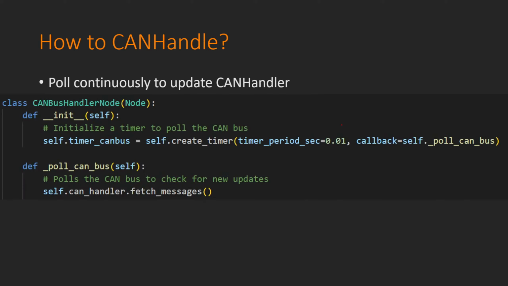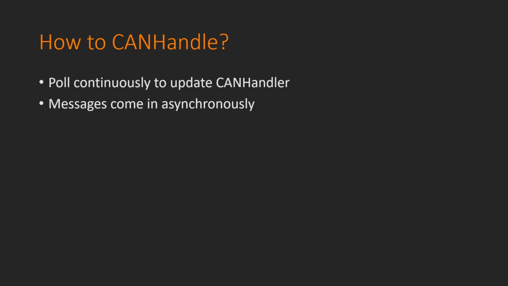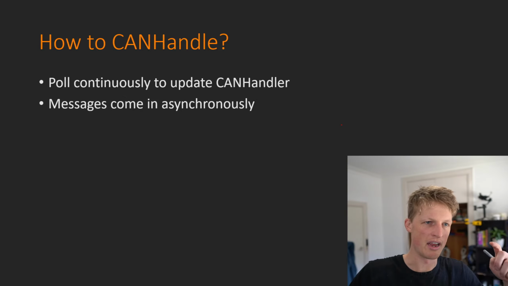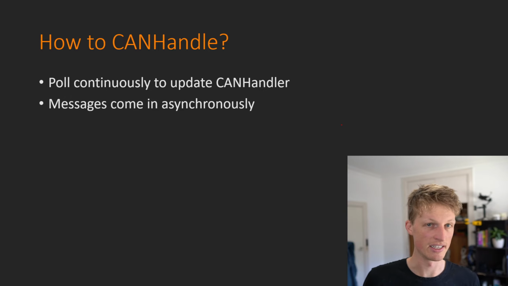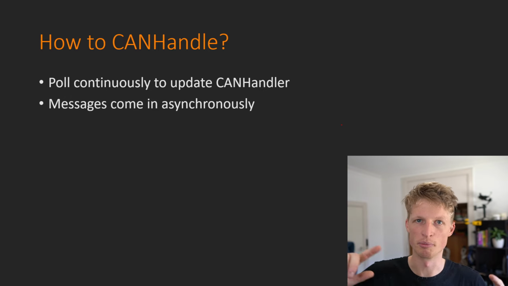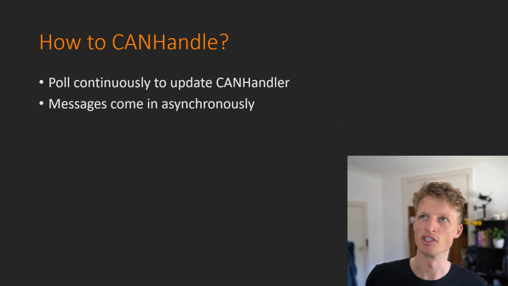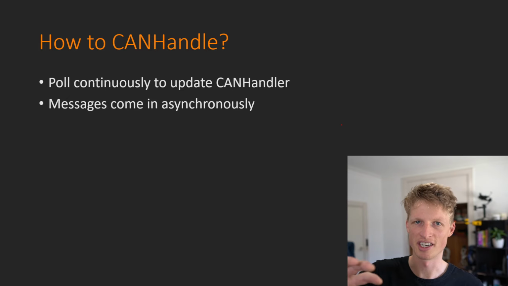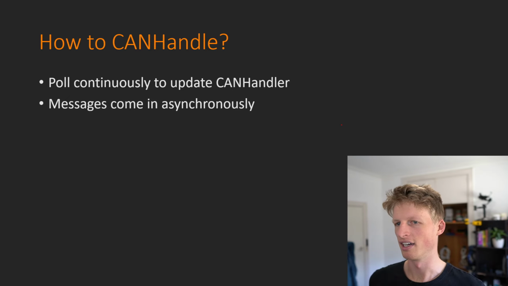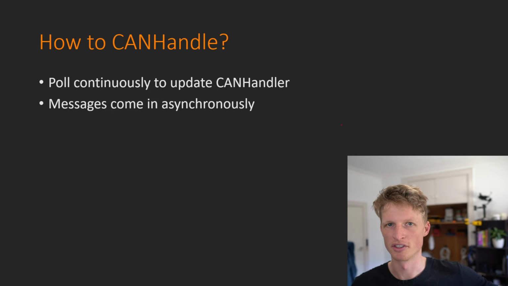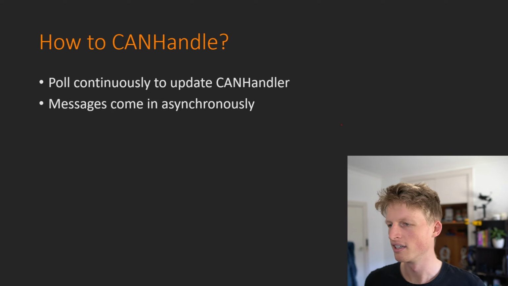And because they come in asynchronously, every instant that the robot moves, there'll be 12 messages: 6 for the positions and 6 for the current, all coming in individually. And I have to sort those out to then send them off to the ROS network in a neat way.